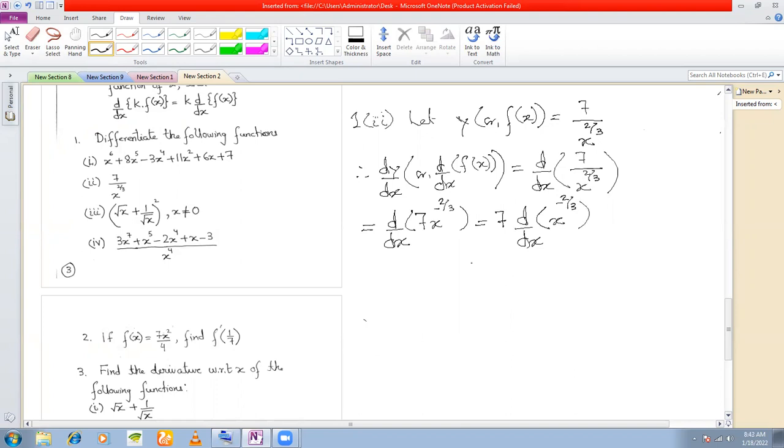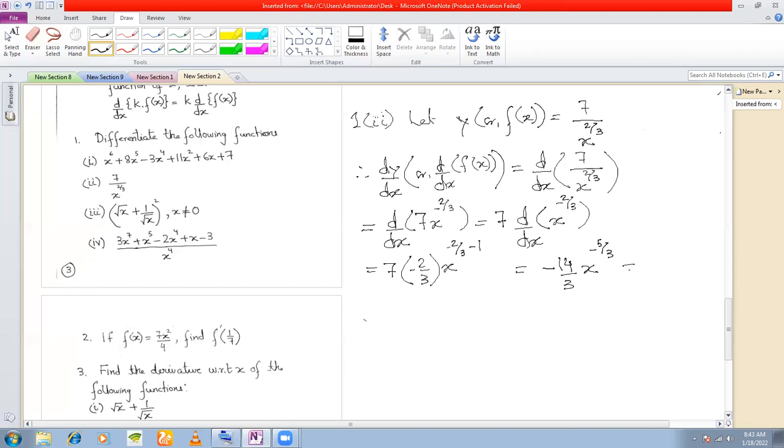Now you can apply the x to the power of n rule. So you get 7 into n x to the power of n minus 1, which is equal to minus 14 by 3 x to the power of minus 5 by 3, right?